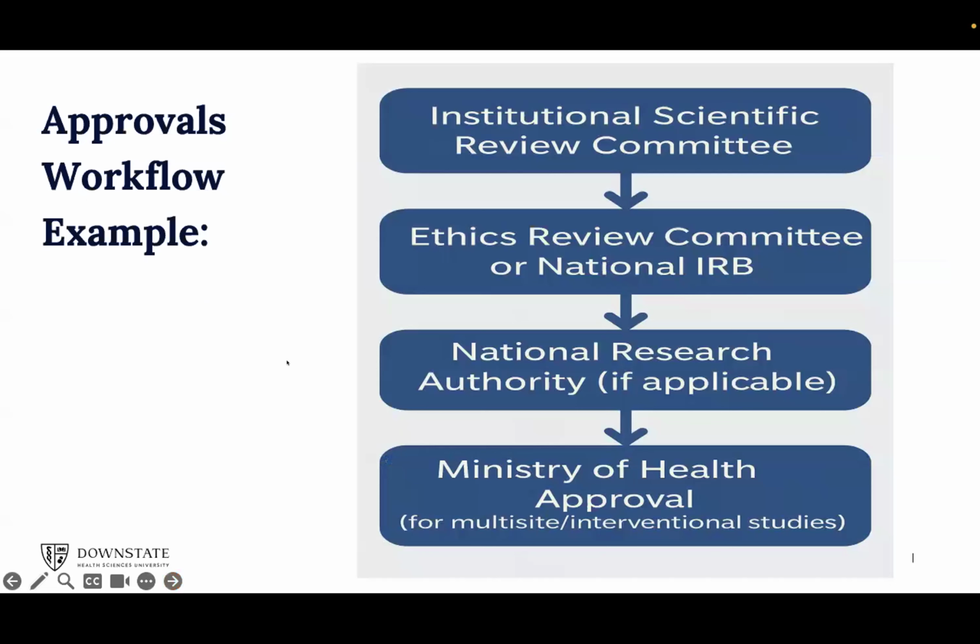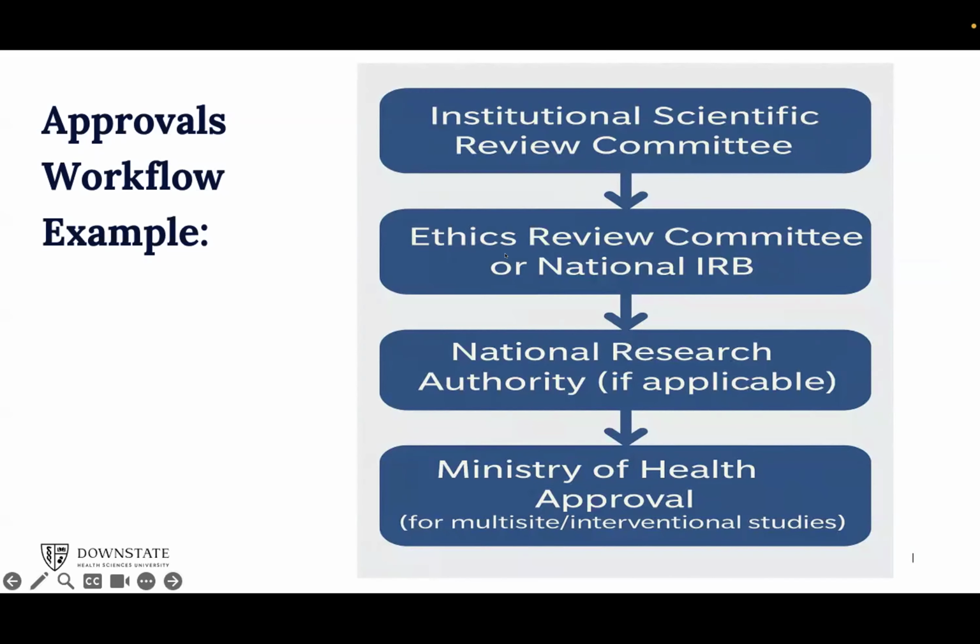So here's a workflow, just mapping out how it potentially could look. And this depends on your institution and the different levels of approval that you need to go through. At my institution, we would probably just stop here with an institutional scientific review committee, and that's enough approval to be able to do a study at my institution.